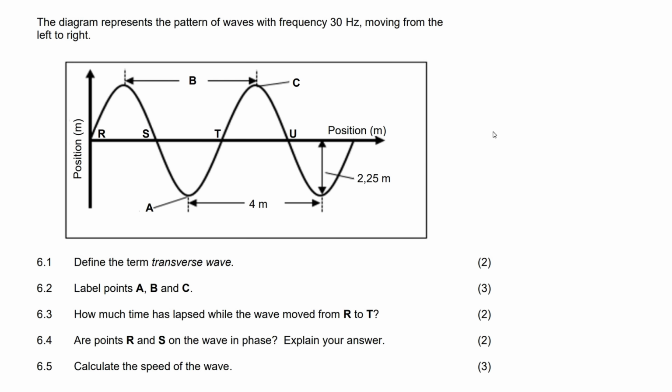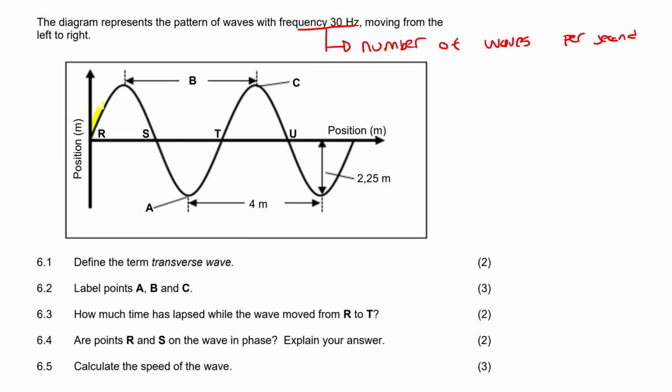The diagram represents the pattern of waves that have a frequency of 30. What is frequency, guys? Can we remember? Well, frequency is number of waves per second. Remember that. So that means that in 1 second, there will be 30 waves.